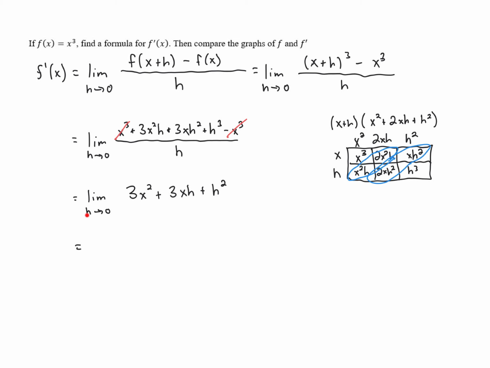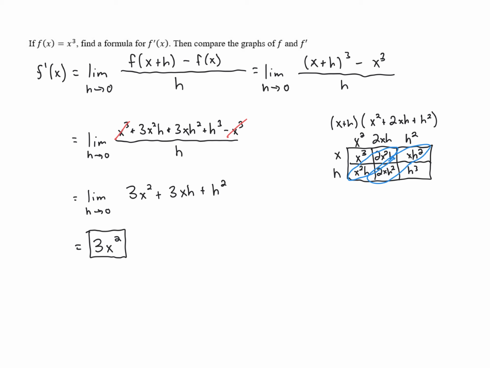We can use direct substitution and plug in h equals 0. That makes these last two terms go away, and all we're left with is 3x squared. So the derivative of the function f of x equals x cubed is the function 3x squared.